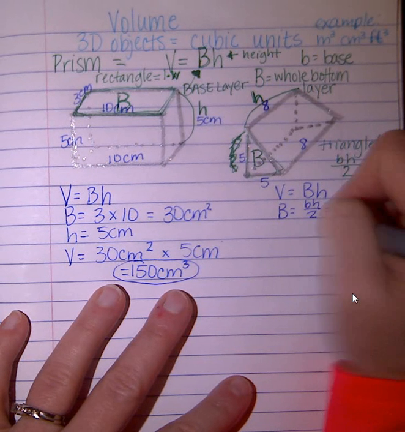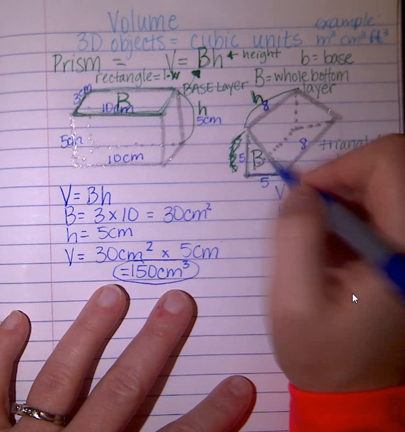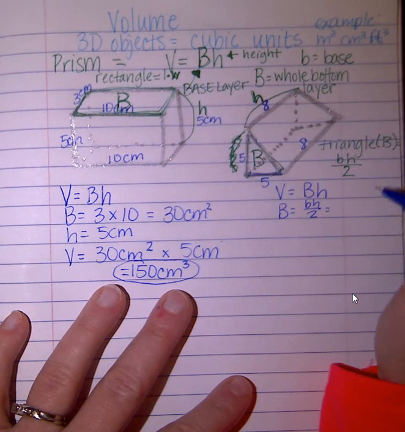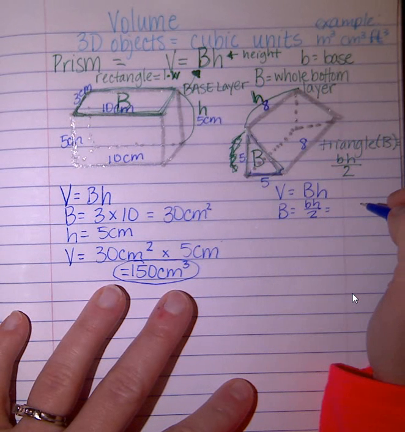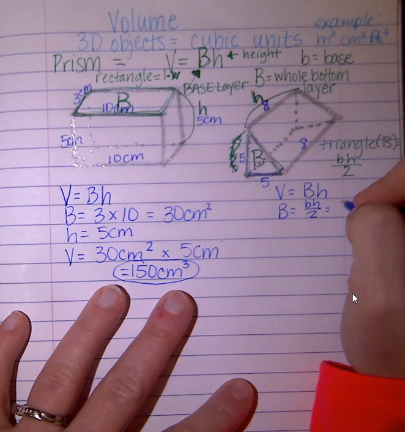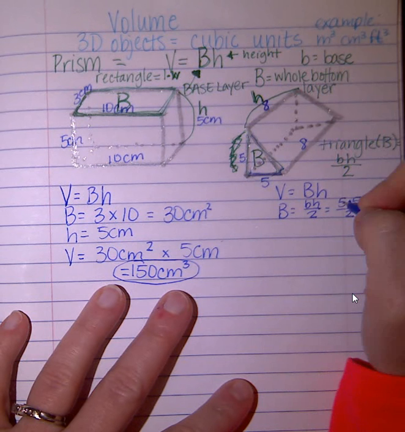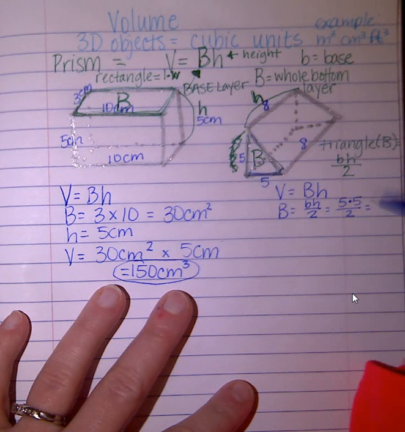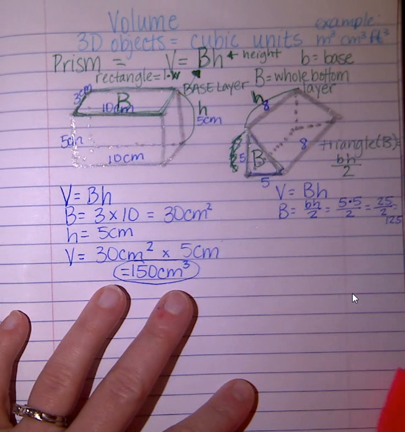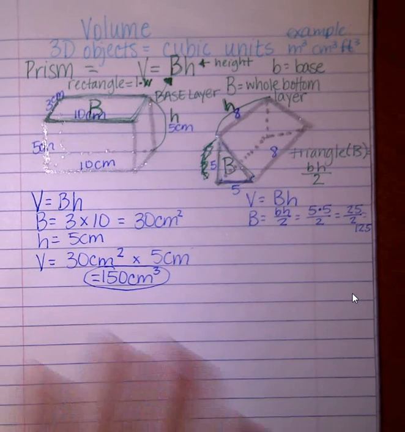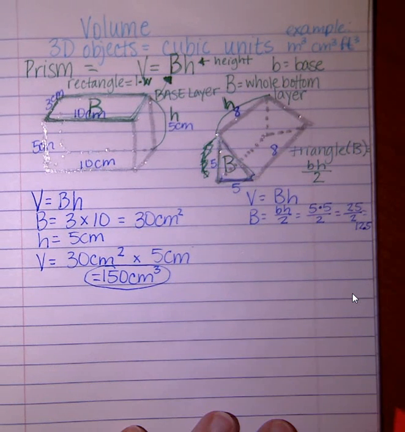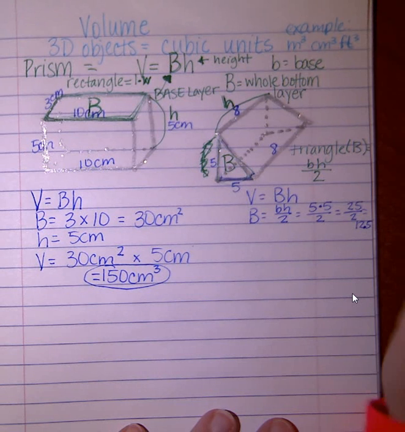Now we're just looking at the base of the triangle. The base is 5 times 5 divided by 2. So you get 5 times 5, which is 25, divided by 2, which is 12.5. So your big B is 12.5.